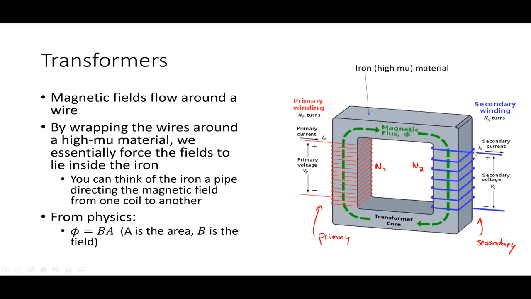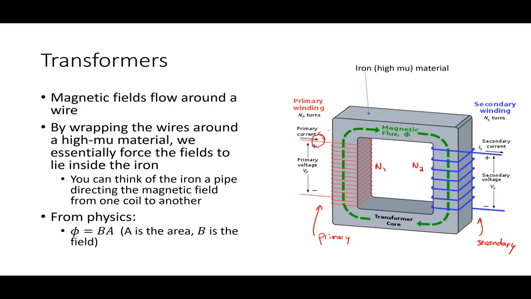Now, the basic concept behind a transformer is that if I have a current flowing through this primary, say in the direction shown here with this arrow, we know from the right-hand rule that there are going to be fields flowing around the wire like that.